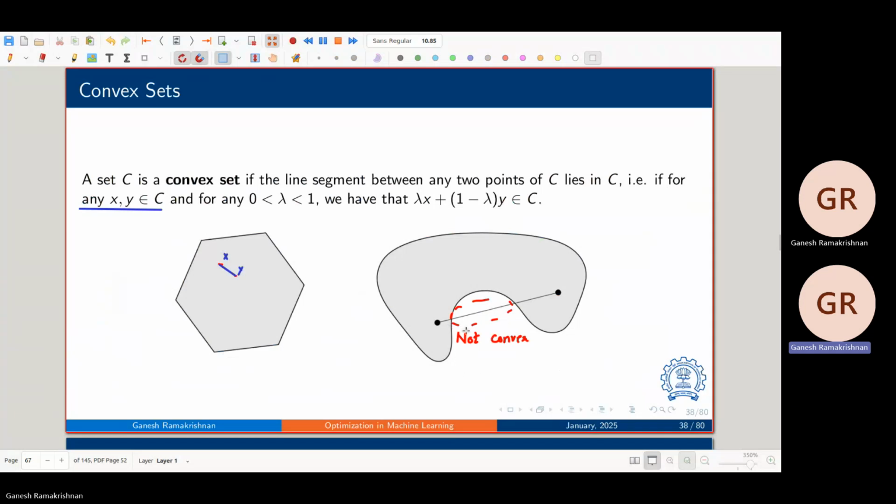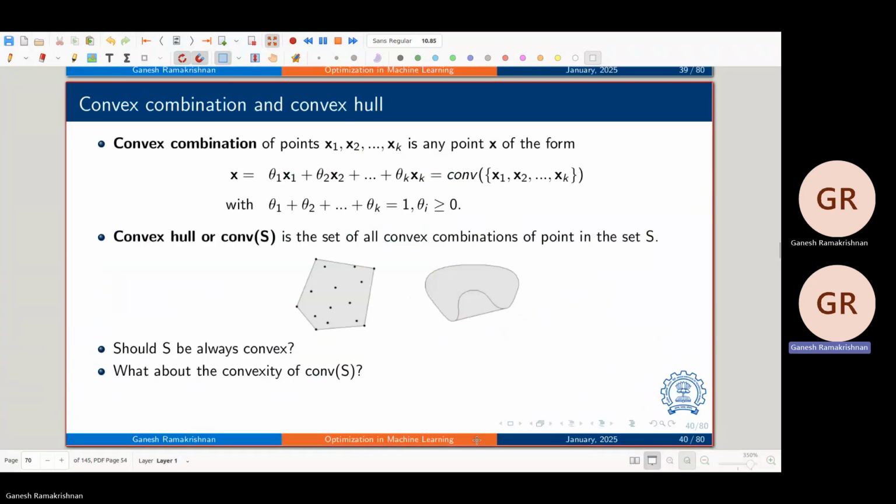But if I consider this line segment and every line segment connecting any two pairs of points, then eventually even this gap will be filled up, right? So that filling up process gives you what you call the convex hull, right? So to have a convex hull, do you need S to be always convex? Not at all. You are right. And what about the convexity of the convex hull itself? Is that guaranteed? By design, right?